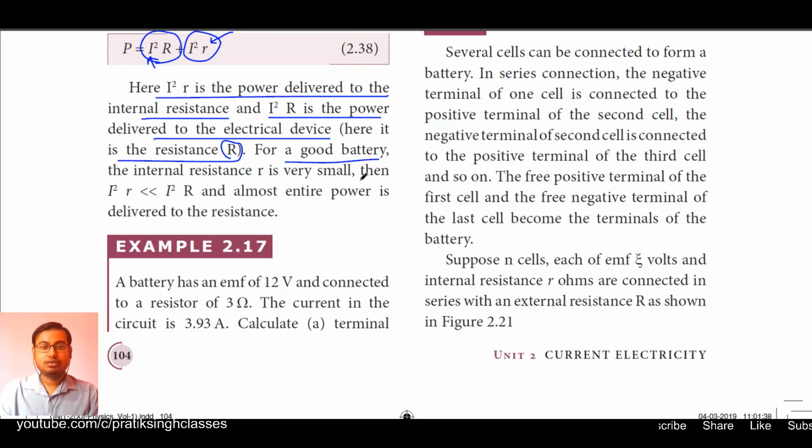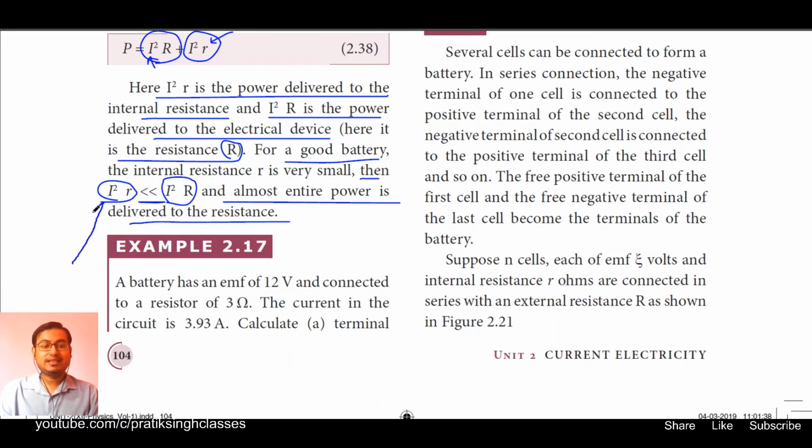Then I squared r is far smaller than I squared R, and almost the entire power is delivered to the resistance. That means if the internal resistance is as small as possible, then the total power generated by the cell or the battery will be delivered to the external load or resistance.